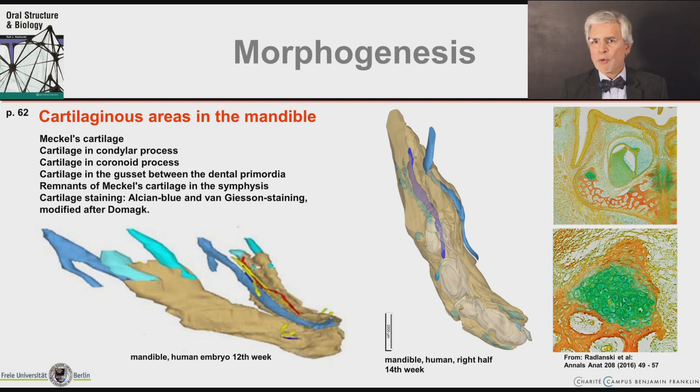At some point, Meckel's cartilage and the carrot-shaped cartilaginous zones in the processes somehow disappeared or were degraded. After all, they ossified. And here in the front, those could also be remnants of Meckel's cartilage in the chin area, which are also being broken down somehow right now. But there has never been any talk of other cartilage zones independent of those.